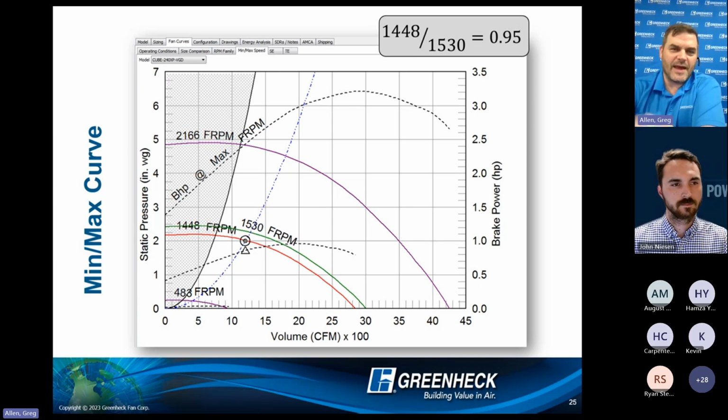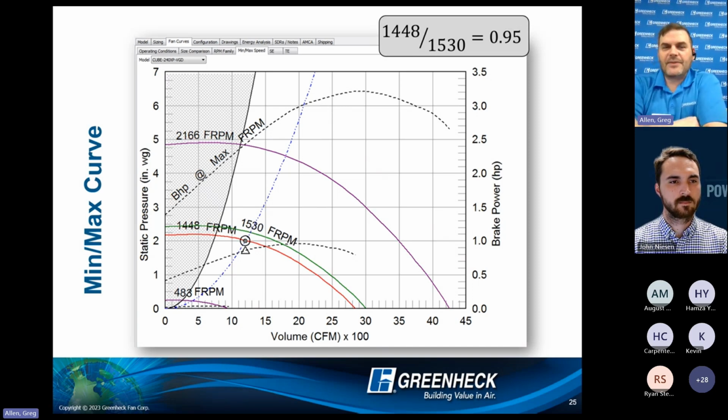And then you have your size comparison, RPM family, min max, static efficiency, and total efficiency. Now, these are the common curves you'll find within the CAPS system. Depending on the type of fan you have, it may or may not show both static and total tabs. You may only see one of them. Like in a square inline, you would only see a total efficiency curve. But these are your standards.